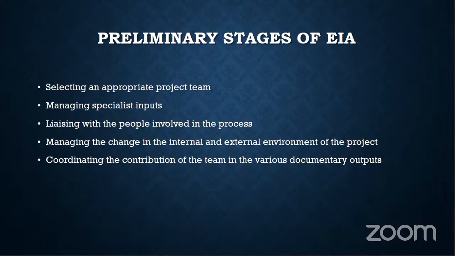The team has to manage the inputs taken from the specialists. Then we need to liaise with the people involved in the process. We need to take the opinion from the people who are involved in the preparation of the environmental impact assessment.